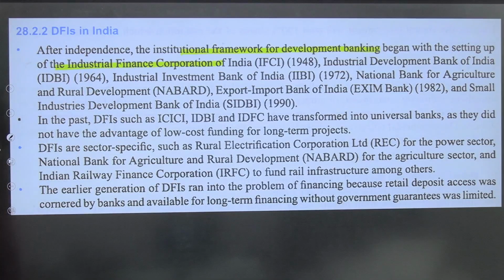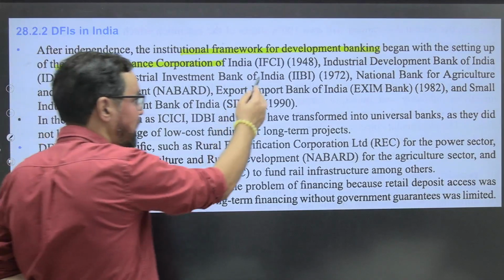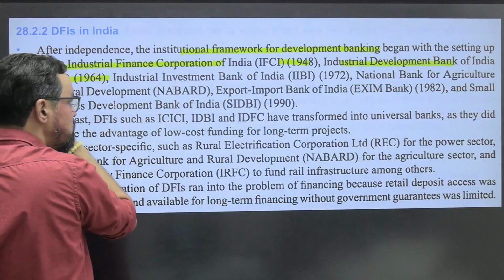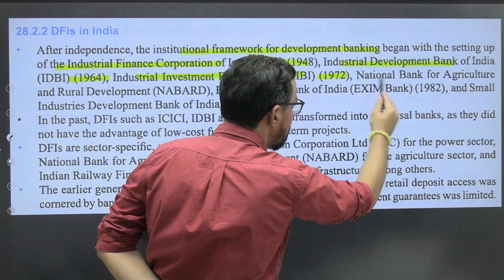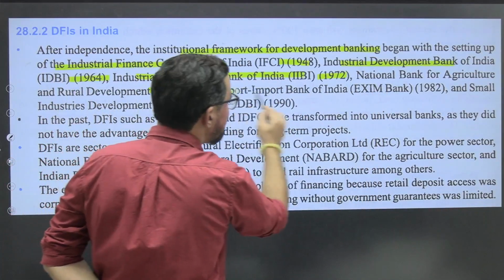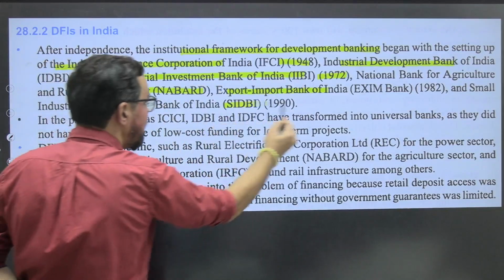So IFCI was the first DFI in the country, established in 1948. Industrial Development Bank of India, IDBI, 1964. Industrial Investment Bank of India, 1972. NABARD 1982. Exim 1982. And we have SIDBI 1990.